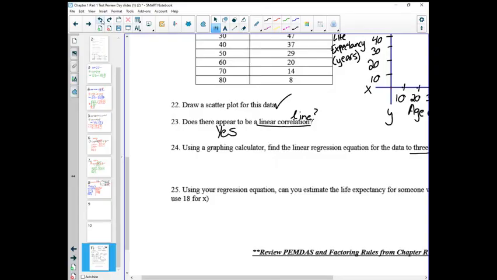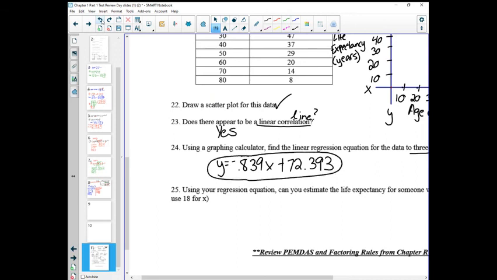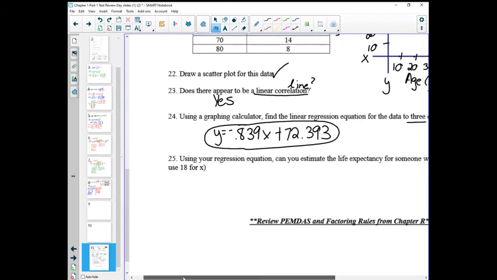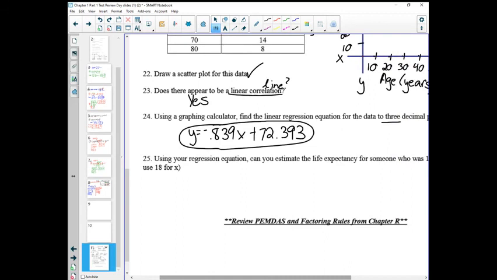Looking back from your calculator to our test review, question 24 has an equation, y equals negative 0.839x plus 72.393. And again, that was straight from your calculator, rounding to 3 decimal places. On the last question, question 25, says using your regression equation that we just wrote down, can you estimate the life expectancy for someone who is 18 in 1989?